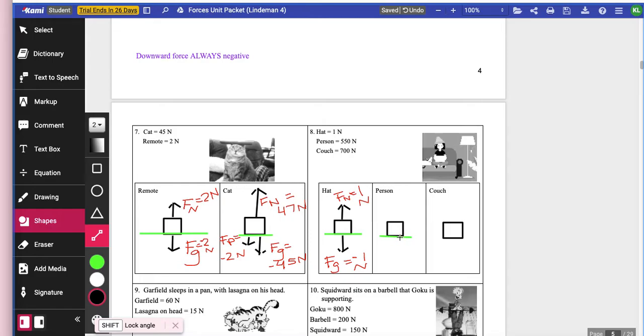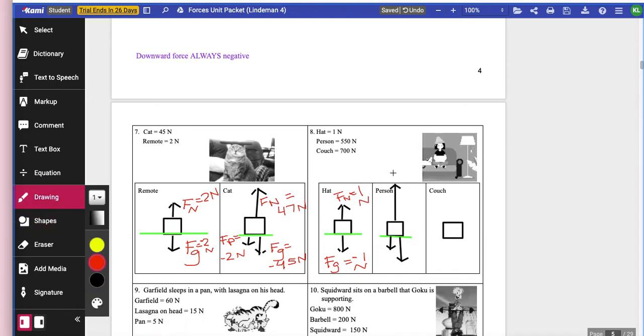The person has gravity force, and they also have push force because they have the hat pushing down upon them. And then they also have normal force, which needs to be equal to both of these. I set myself up in a bad situation by making 1 Newton so long.